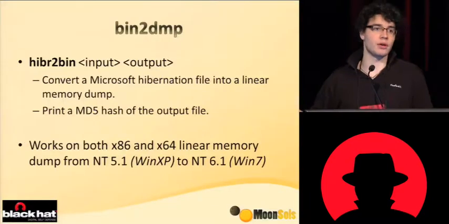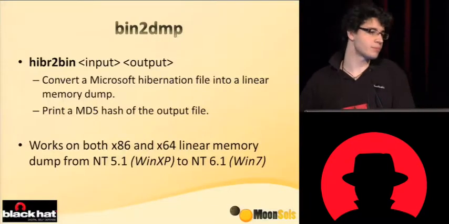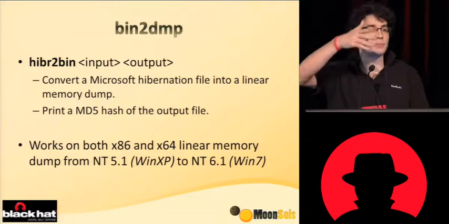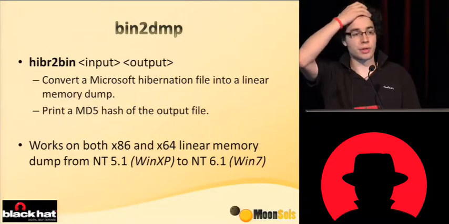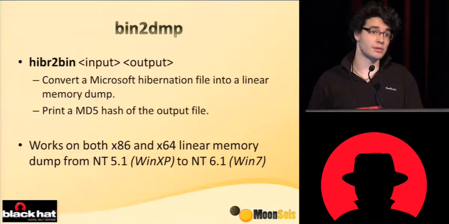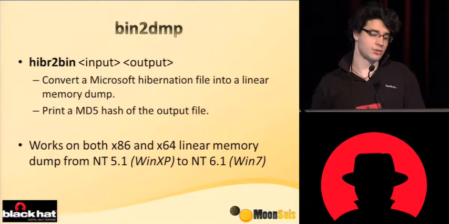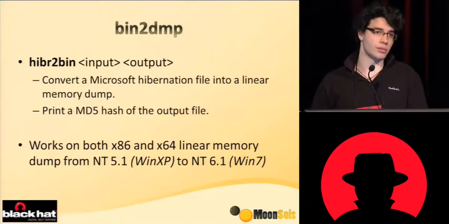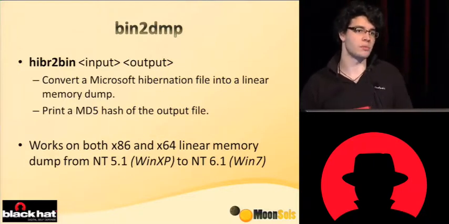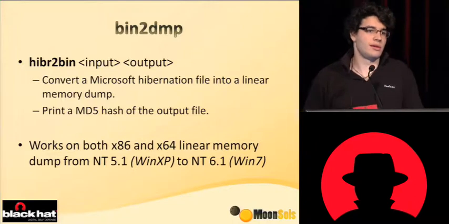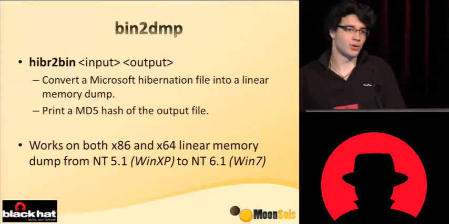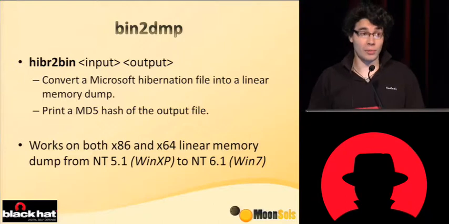So hibernation, let's say you have a Windows XP SP2 hibernation file. You can uncompress the hibernation file, even if the first page is null. And if you like Volatility, you can analyze your linear memory dump with Volatility. So this is what people call interoperability.